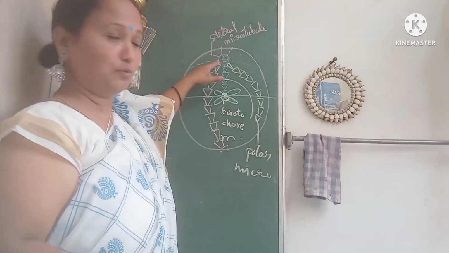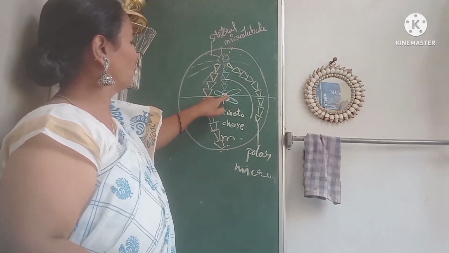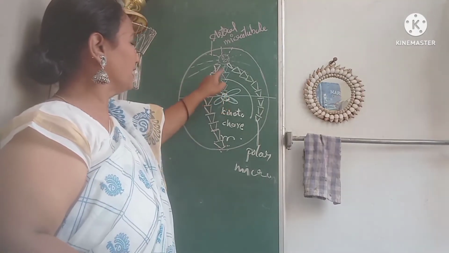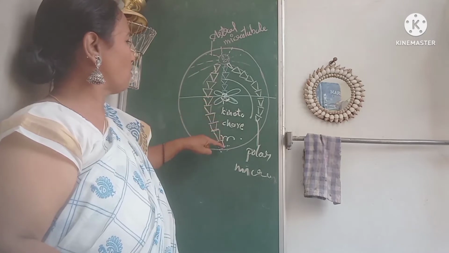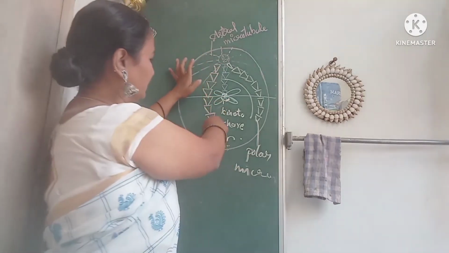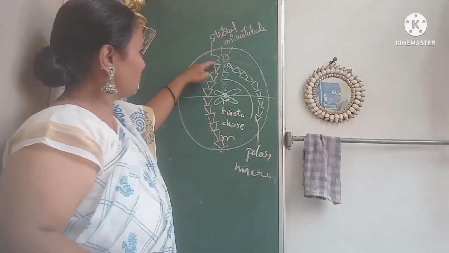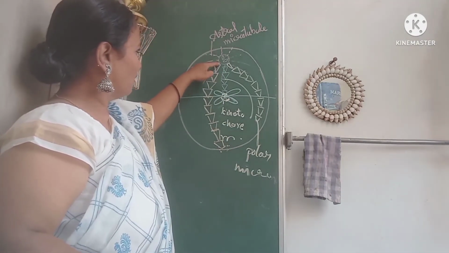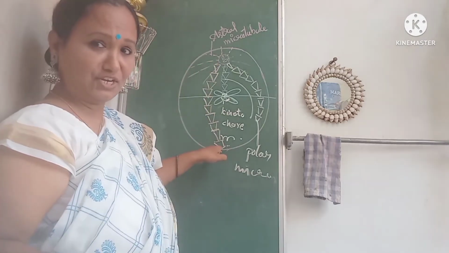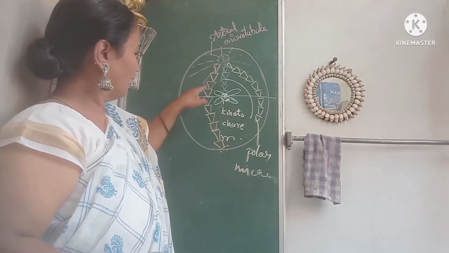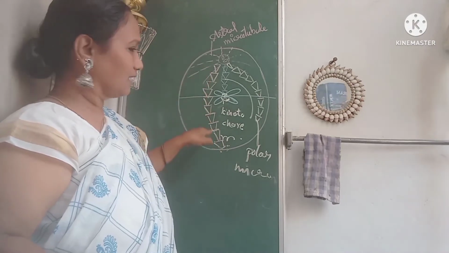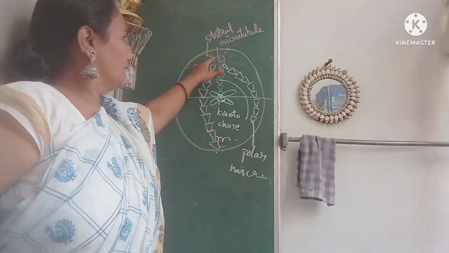Some microtubules are attached to the kinetochore of the chromatids held together at the centromere. That microtubule is called discontinuous, meaning it does not continue from one pole to the other pole. Some microtubules spread continuously from the northern pole to the southern pole. This is called continuous microtubule.